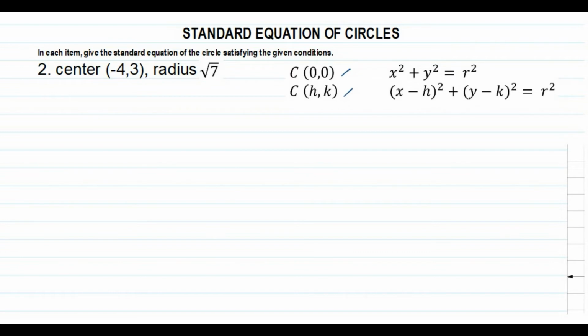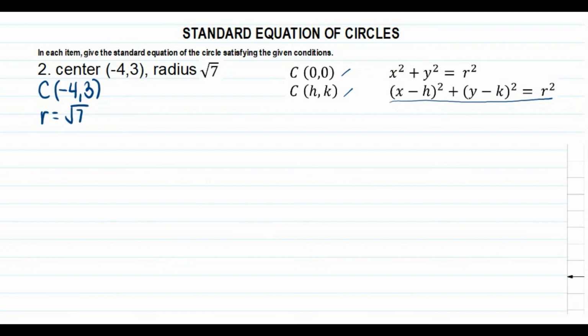So, since yun ang condition, ito yung gagamitin natin. Now, let's work on the given kung paano natin siya masosolve. Let's write the center. Center is at negative 4, 3. Take a look at the radius. The radius is square root of 7.